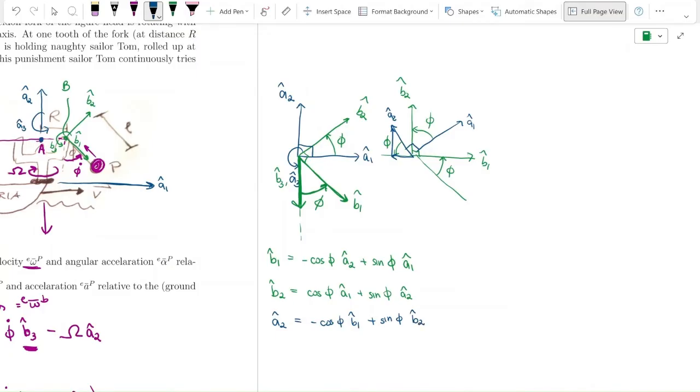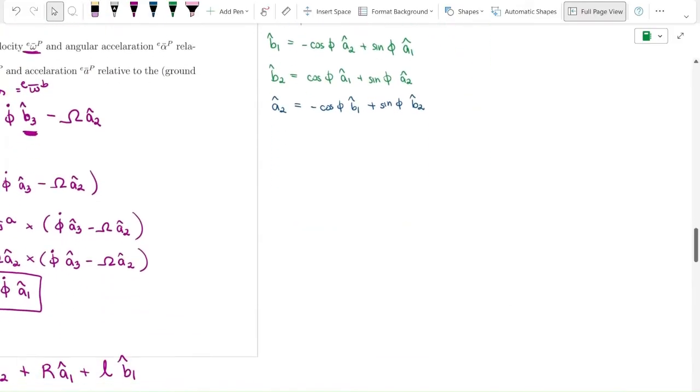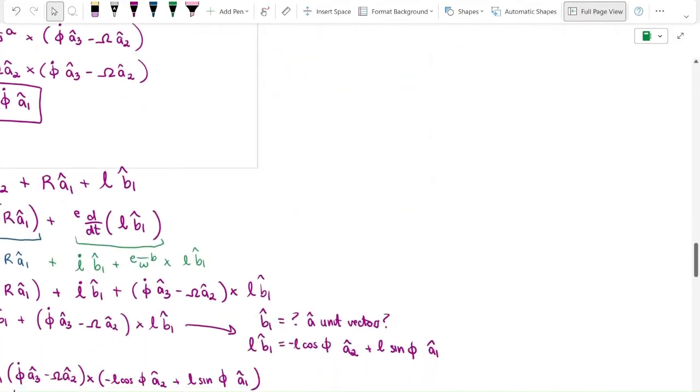Hopefully you see how that happened. We just tilted our vector projection a bit, and then we wrote A2 hat as a vector going this way plus a vector going this way. And now we can put that back down here, so that's negative cosine phi B1 hat.